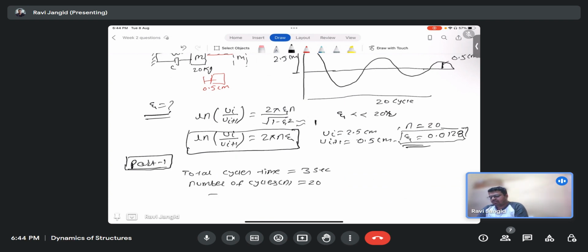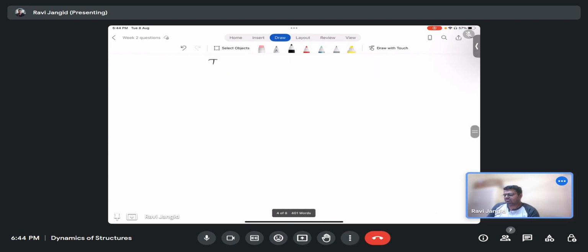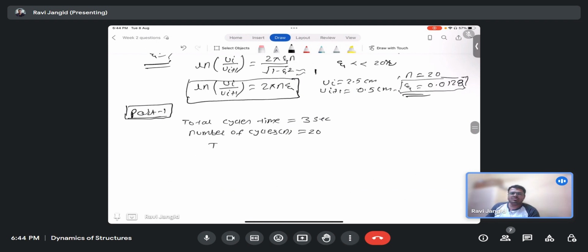So the time period, would that be the natural time period or the damped time period? Anyone? That time period would be the damped time period. So that is given to me as 3 divided by 20. What is that? 0.15 second.